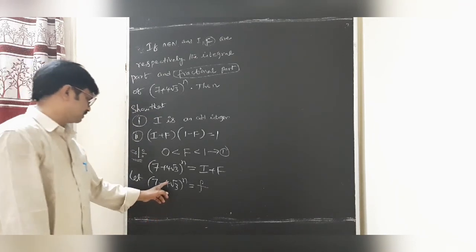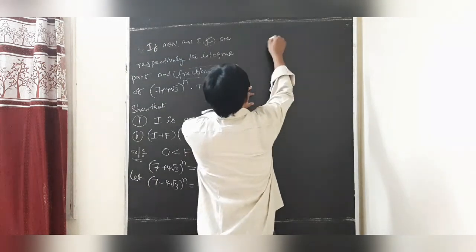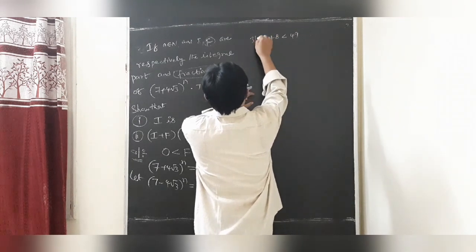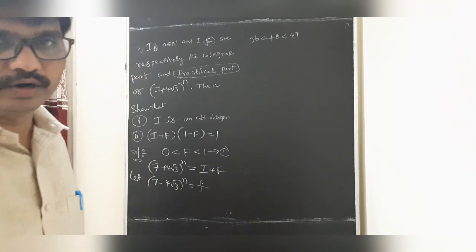So dear students, 4√3 is √48. We can write 36 < 48 < 49. So 6 squared is 36 and 7 squared is 49.